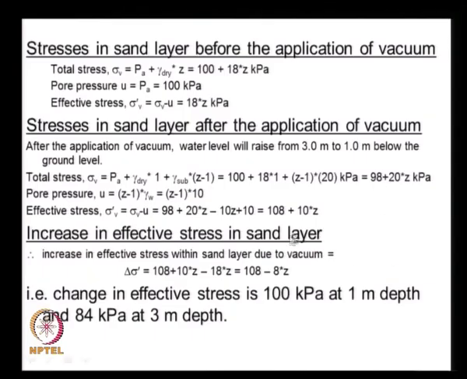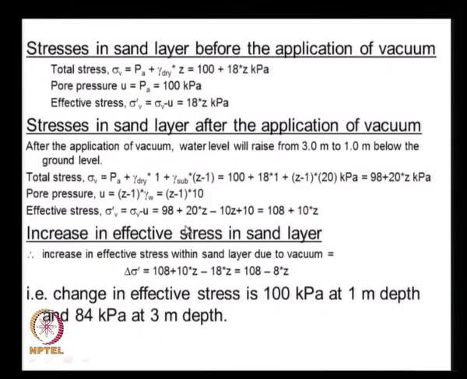So, it is 98 plus 20 times Z, and the pore pressure is Z minus 1 times gamma W. After the removal of the atmospheric pressure, there is no PA. So, it is Z minus 1 times 10, that is the gamma of water, and so the effective stress is 108 plus 10 times Z.